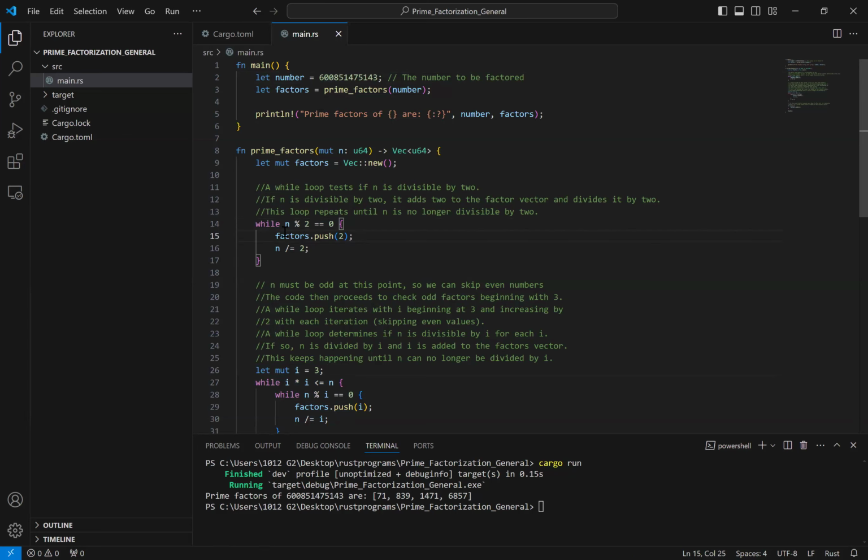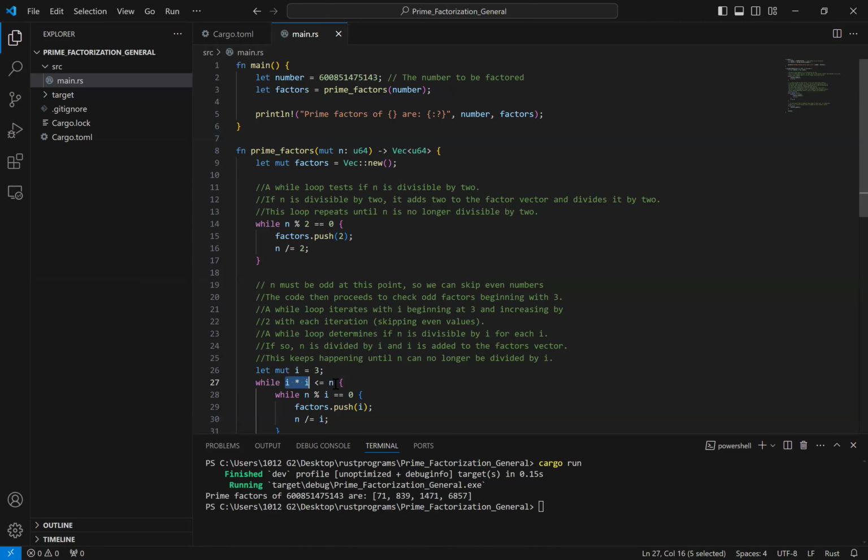That means this condition is not met, so it proceeds to this condition. Now at this point, first of all, it checks if 3 times 3 is less than the number that is coming in. It discovers that 3 times 3 is 9.